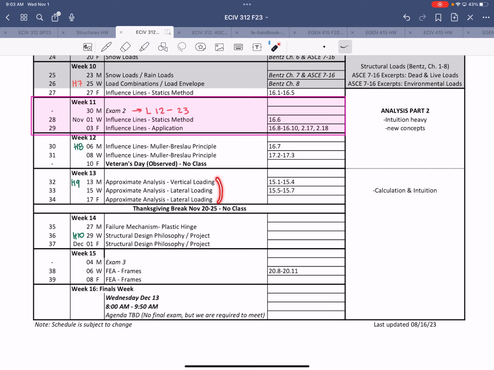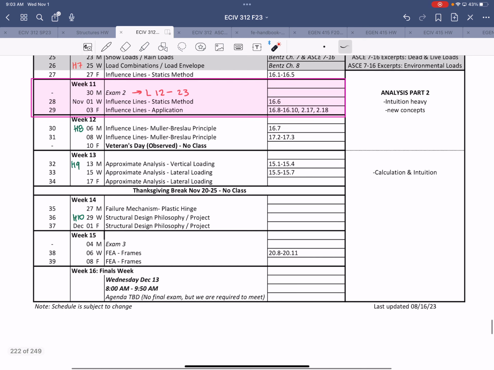And these lectures are also going to be directly linked to the final project for this class. After Thanksgiving, we'll start talking more specifically about the final project. And then the last week of class, you have the third exam.